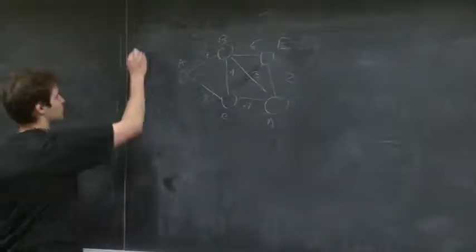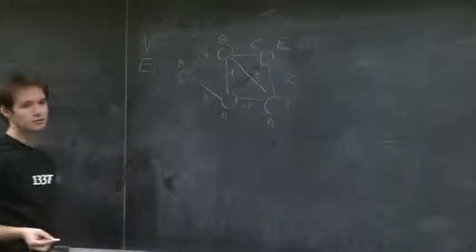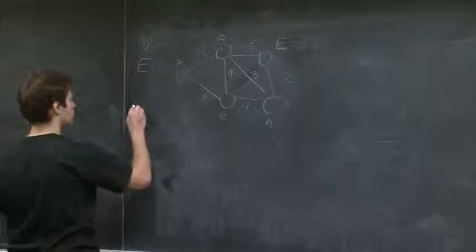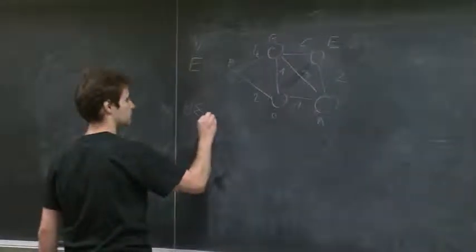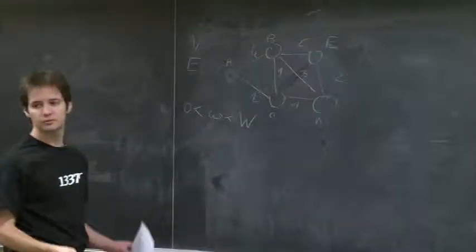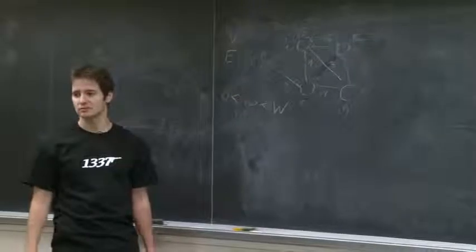We have V vertices, E edges, and all the edges have a weight that's non-negative. Sorry, let's make it positive, just to make things easy. It's smaller than W, so it's not too big. And they're all integers. Go.